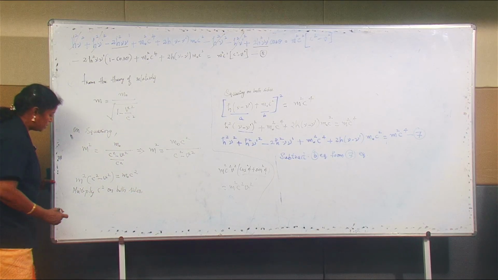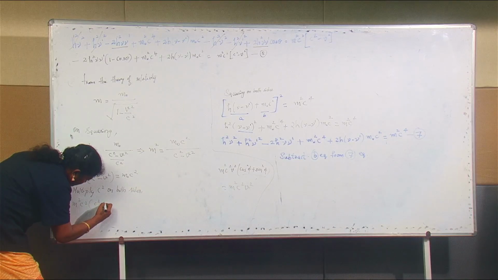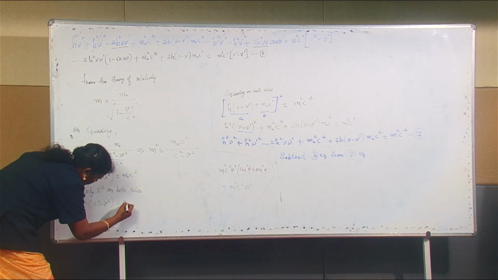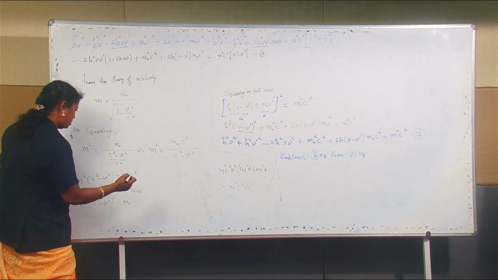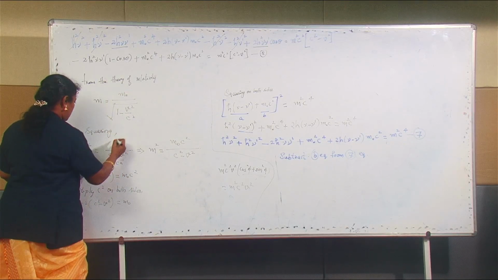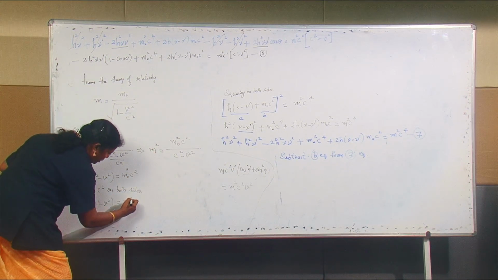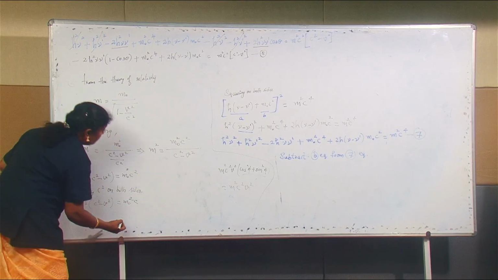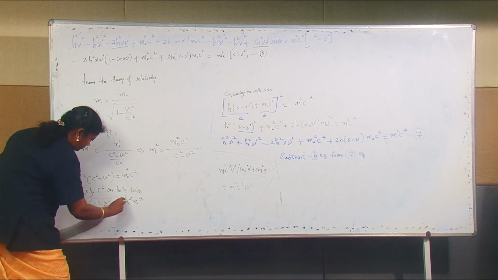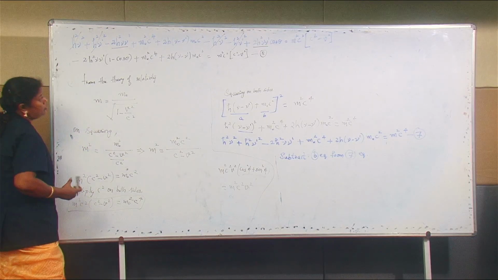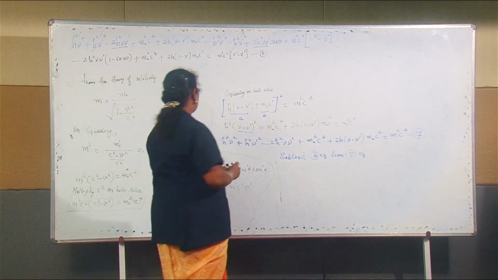Multiplying c squared on both sides, we get m squared c squared minus v squared is equal to, since it is squared on both sides, m naught squared c power 4. Let us box this equation. This is equation number 9.